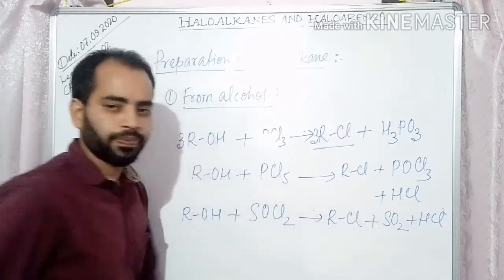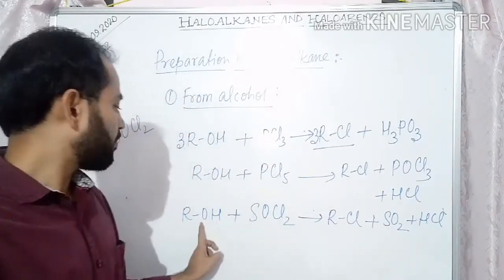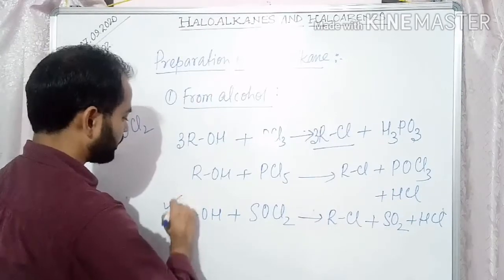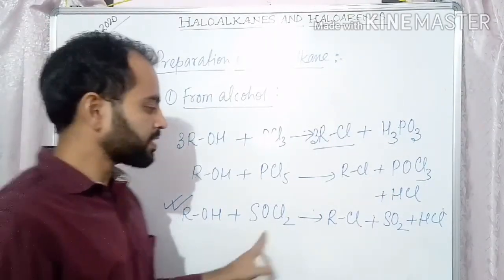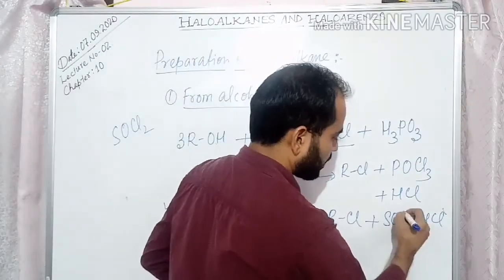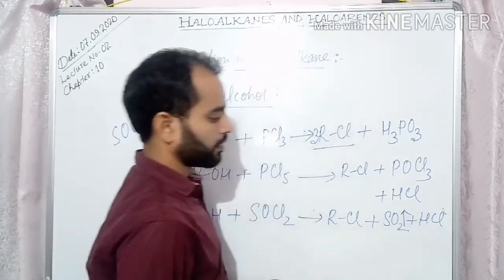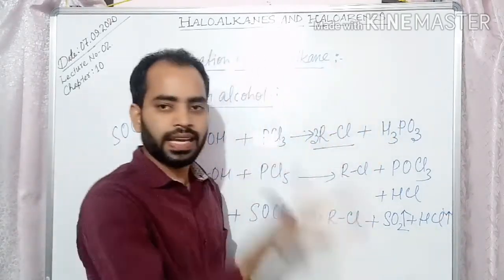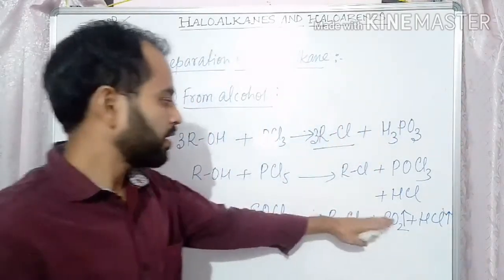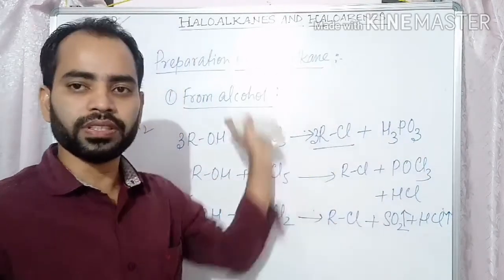will form HCl. One of the merits of this reaction is that it is preferred because in this case SO2 formed is a gas and HCl is also a gas, as fumes. It leaves the place, means it evaporates.